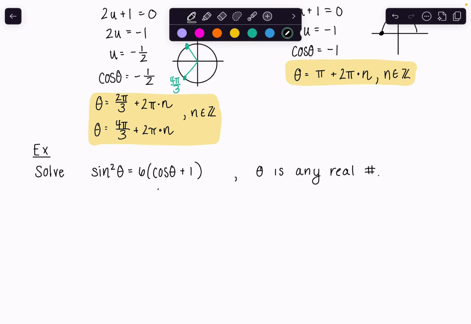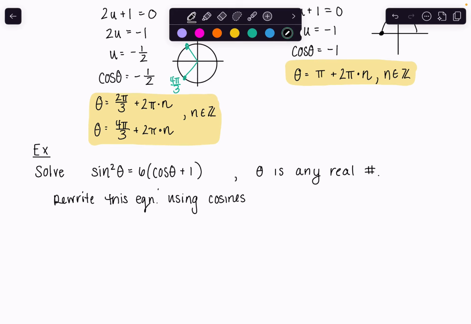So what I'd always recommend doing when you have especially a sine squared and then a different singular function, write everything in terms of one of them. It's much easier to rewrite sine squared than it is to rewrite cosine. So here we're going to rewrite this equation using cosines.